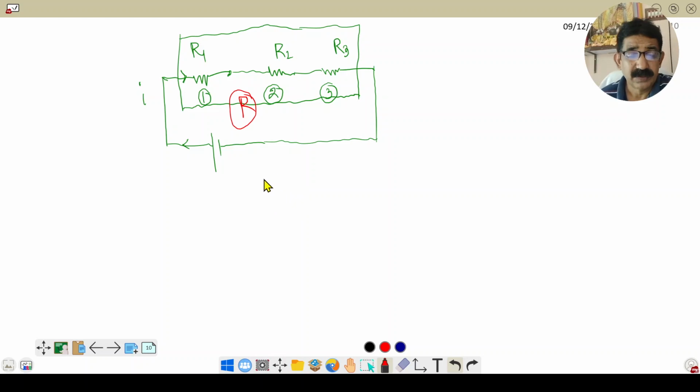And we know R is equal to R1 plus R2 plus R3 in series.